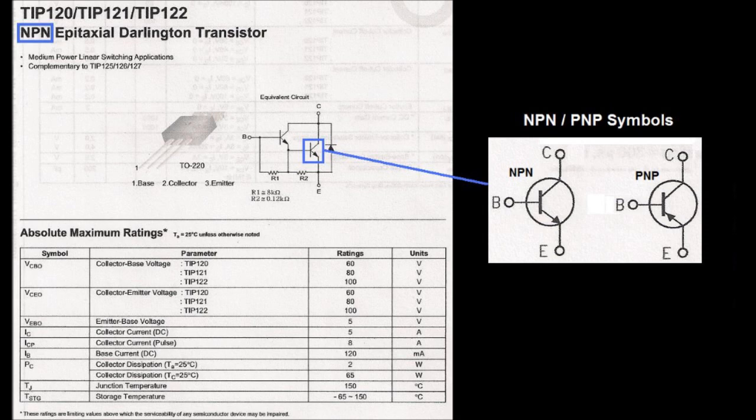Current will flow through the emitter and out of the collector, where the base has to be negative in order to turn the transistor on. As you can see, they look almost identical, except their polarities are the opposite of one another. Remember, NPNs require the base to be positive, and PNPs require the base to be negative.